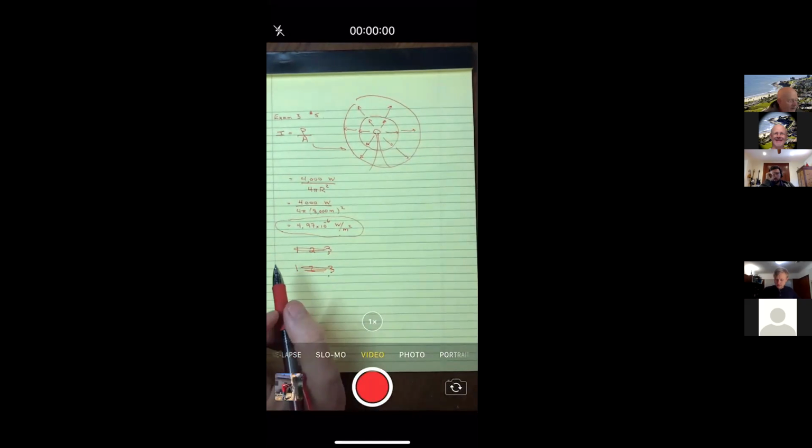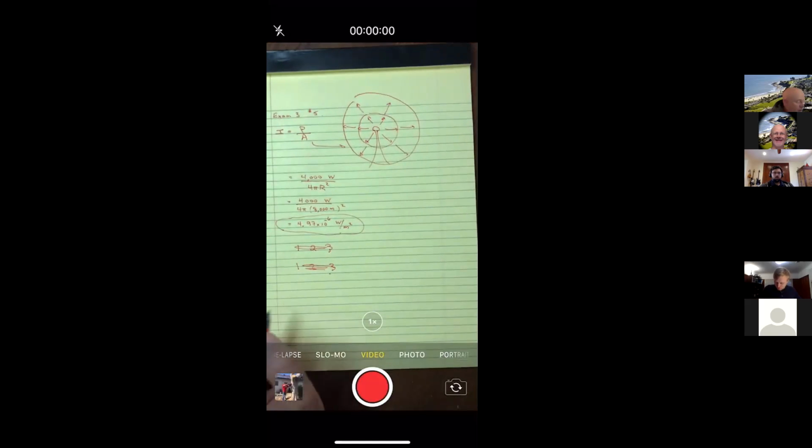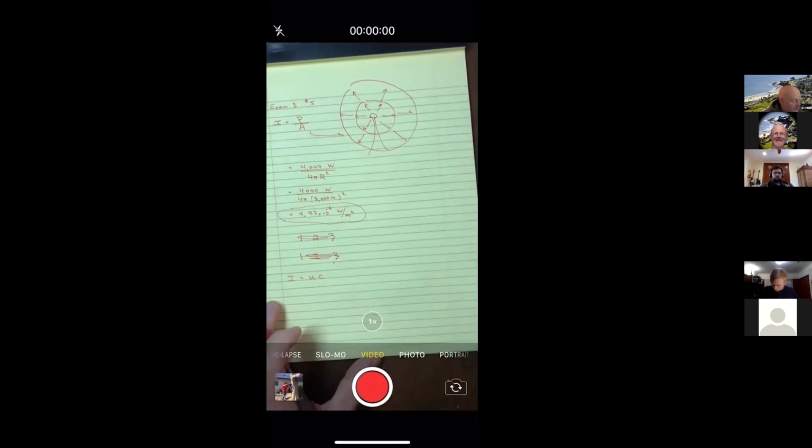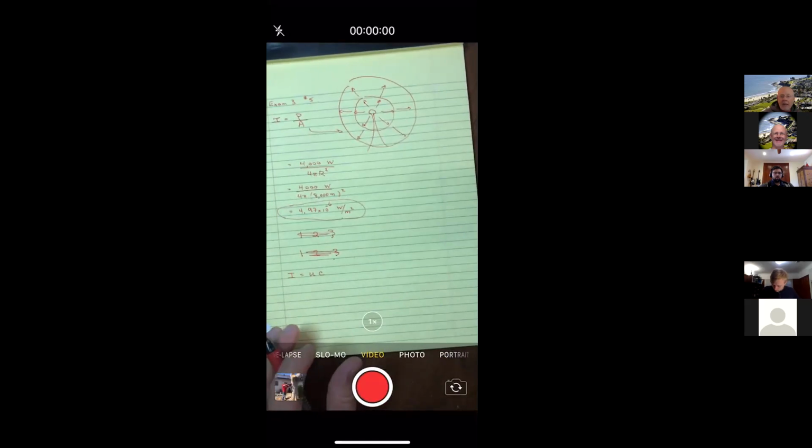All right, so we did the first part of it, which is the intensity. Now, the other thing to remember, and this was the part I was saying right at the very end of the lecture, I made the argument that the intensity would be the energy density times the speed they travel, which, since they're electromagnetic waves, is the speed of light.